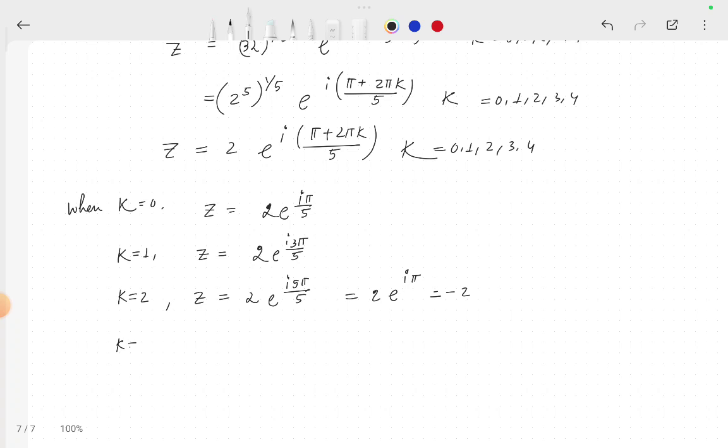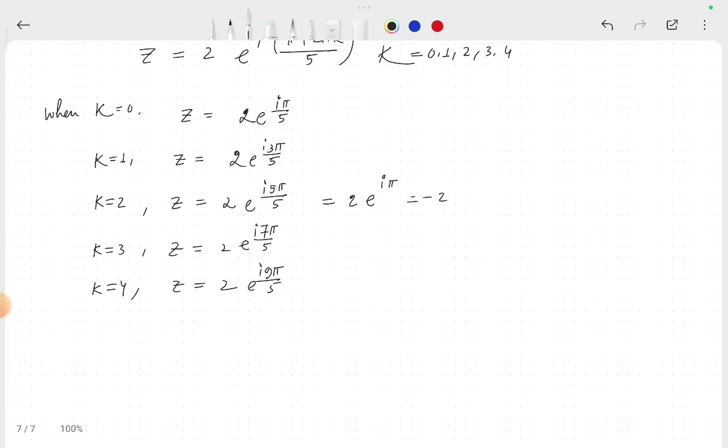When k equals 3, z equals 2 e to the power i 7 pi upon 5, and when k equals 4, z equals 2 e to the power i 9 pi upon 5. So all these five are the roots of this complex number.